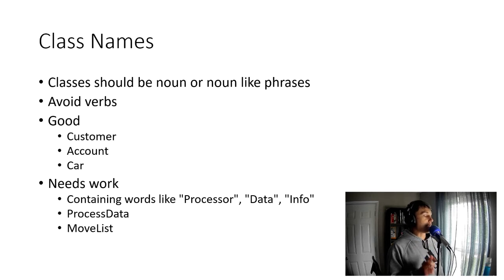But you should kind of avoid words like processor, data, or info in your class names. You should avoid verbs in your class name. So a class called process data, we kind of want to avoid that. We want to save verbs for action things, or things that are doing something, like methods and functions, etc.